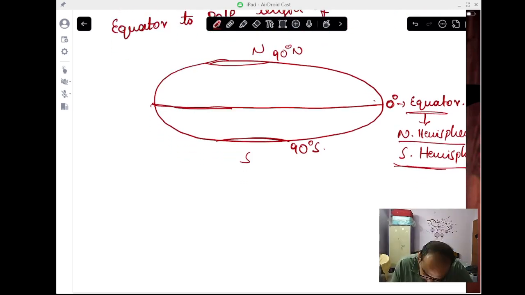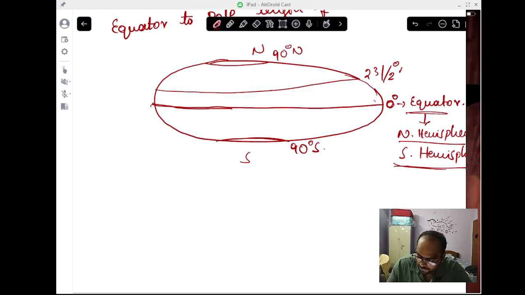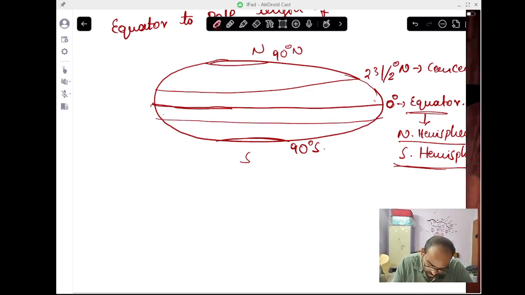They are Tropic of Cancer in case of the northern hemisphere, and Tropic of Capricorn, that is 23.5 degrees south, in case of the southern hemisphere.